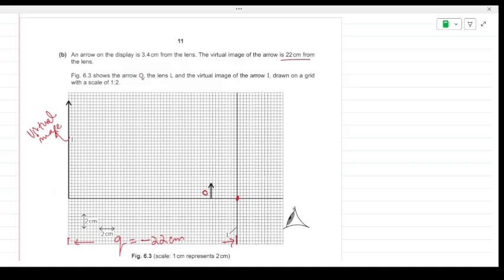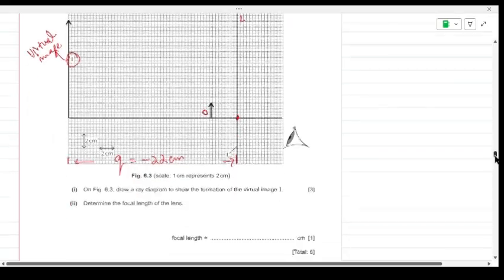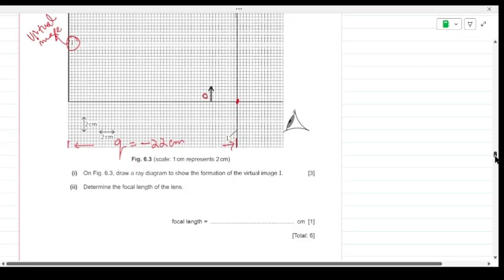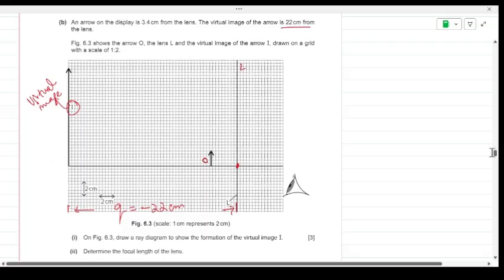Figure 6.3 shows arrow O in front of lens L and the virtual image I. So the virtual image I is here, lens L is here. Draw a ray diagram to show the formation of the virtual image, to a scale of 1:2. In order to get the virtual image, we have to place the object between the optical center and the focal point. We already did that.